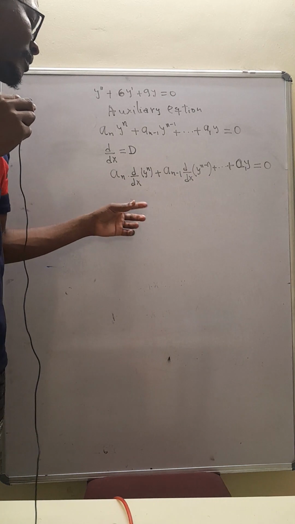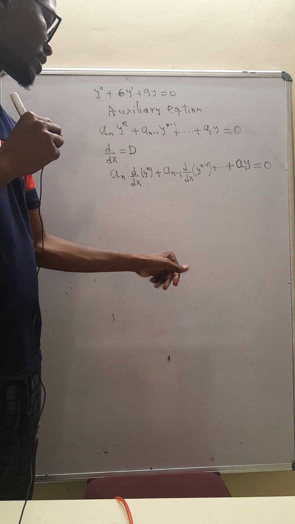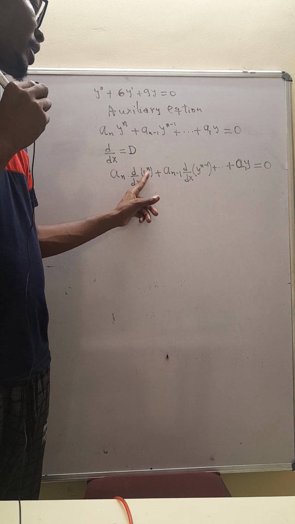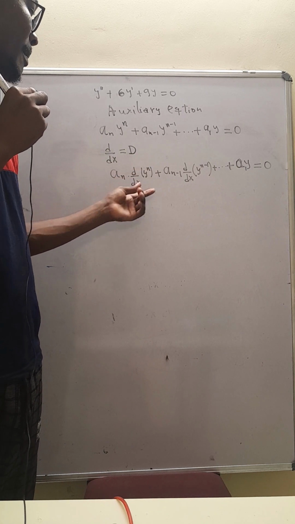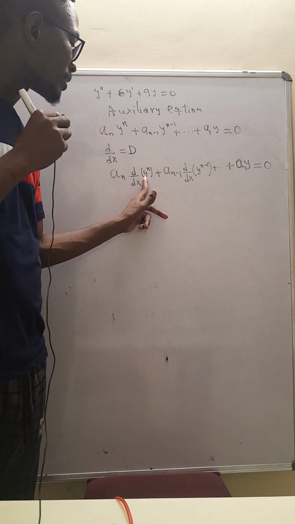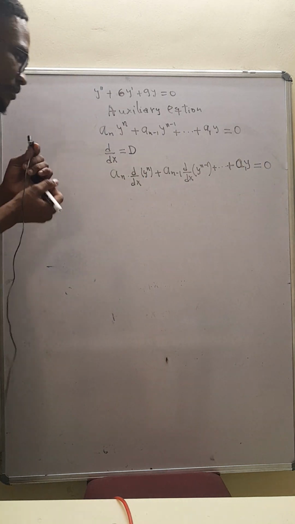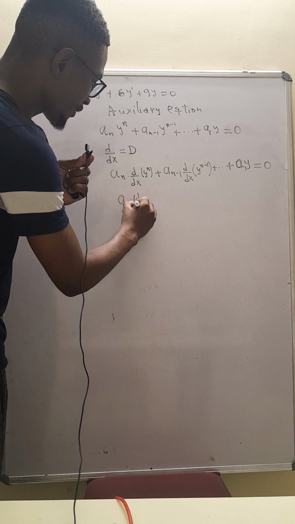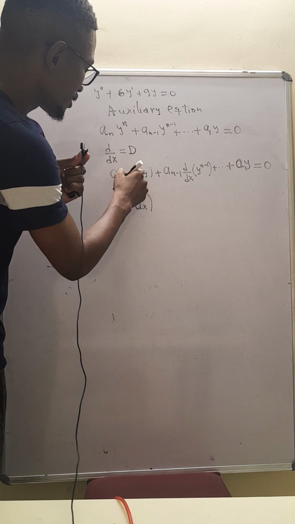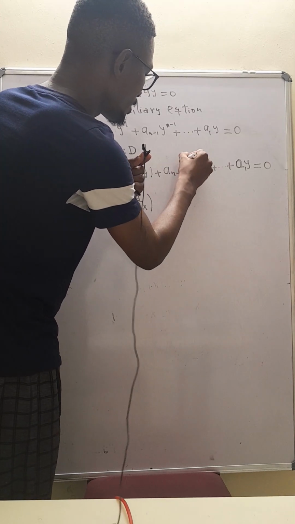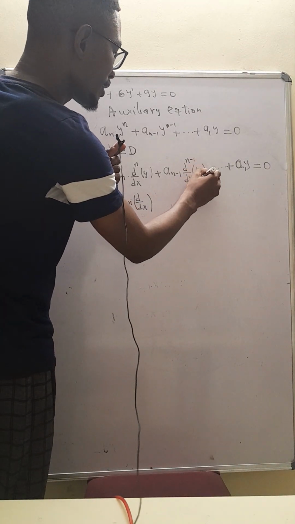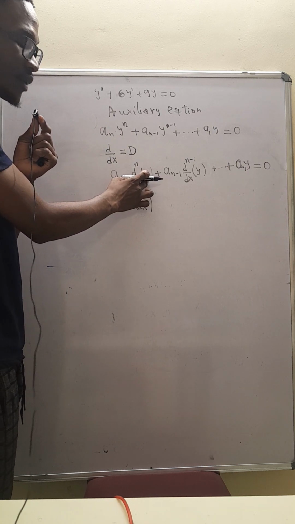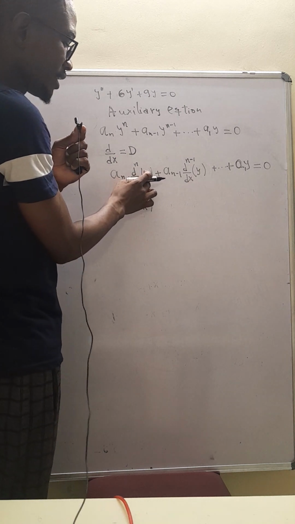Now see what is happening here. If I write this equation taking y common, y here is our dependent variable, and x is the independent variable.